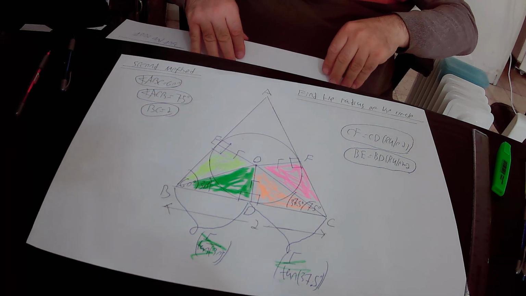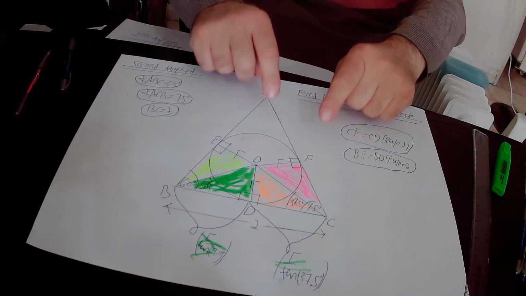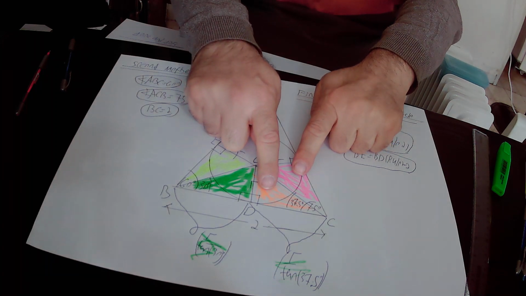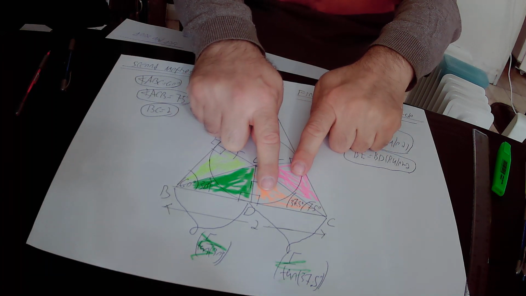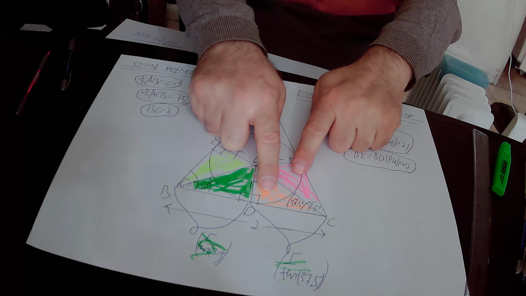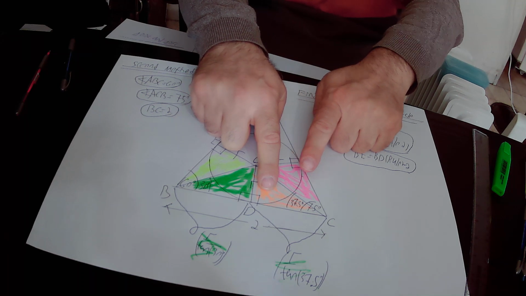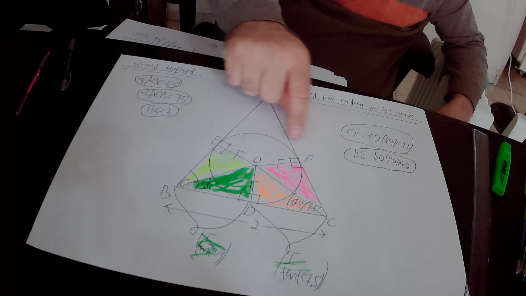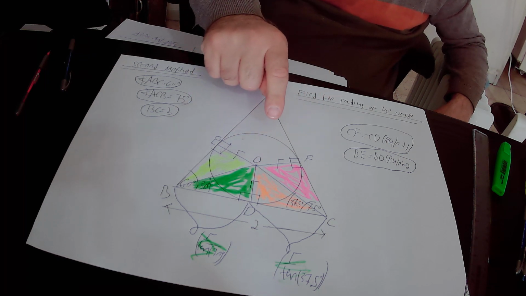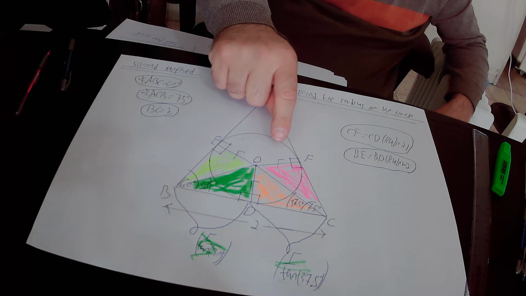Then we repeat the same process on those two right triangles. Those two right triangles are congruent according to the side rule. I will repeat the process quickly. OF equals OD, because they are both radii of the circle.